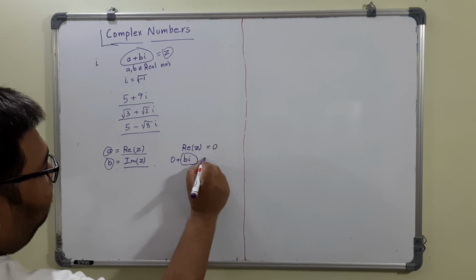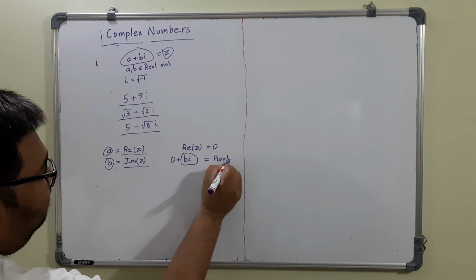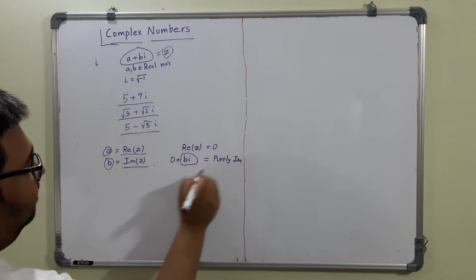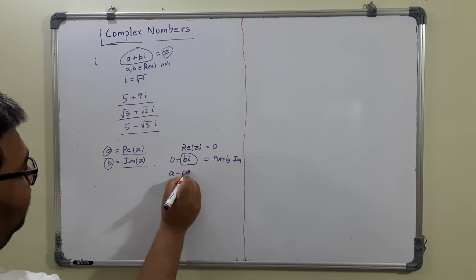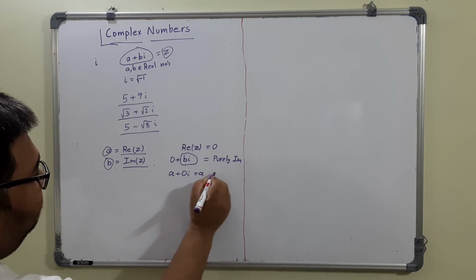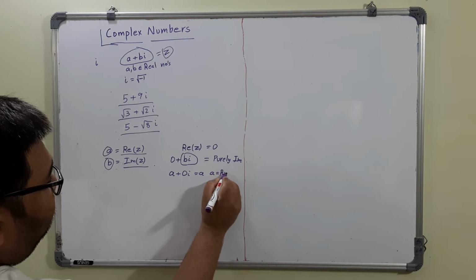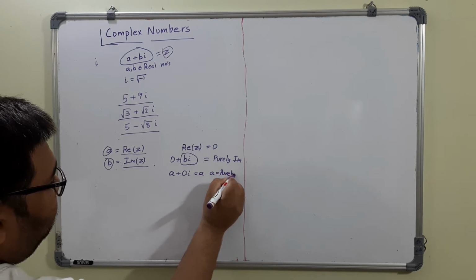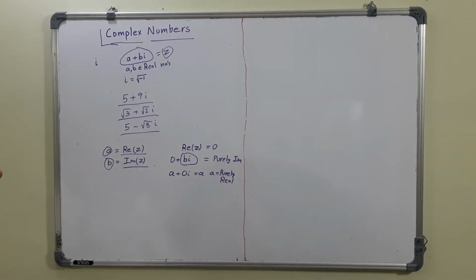This is the purely imaginary number. And when b is 0, a + 0i equals a, which is purely real.